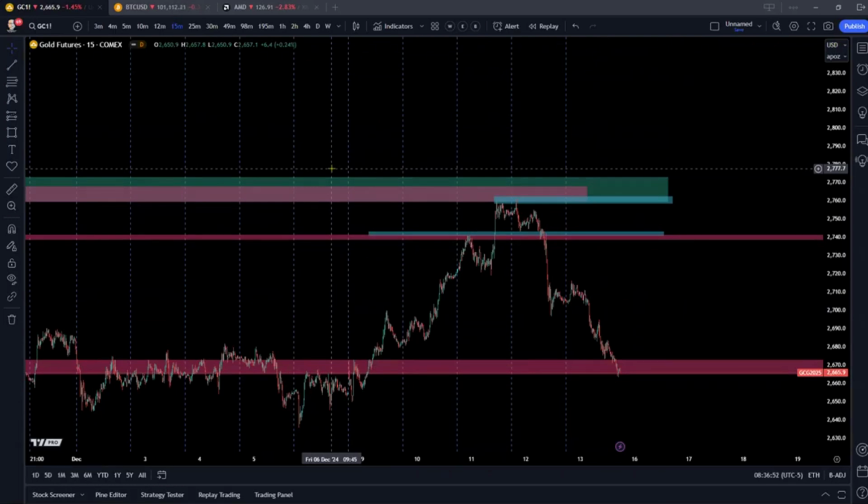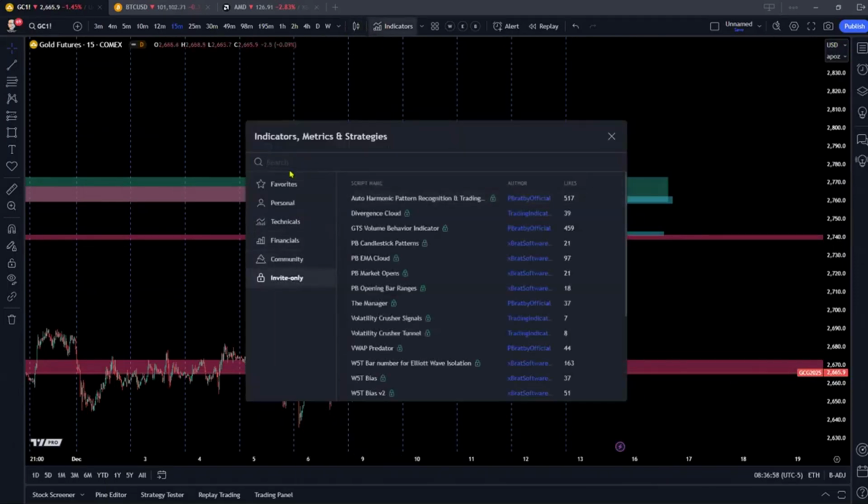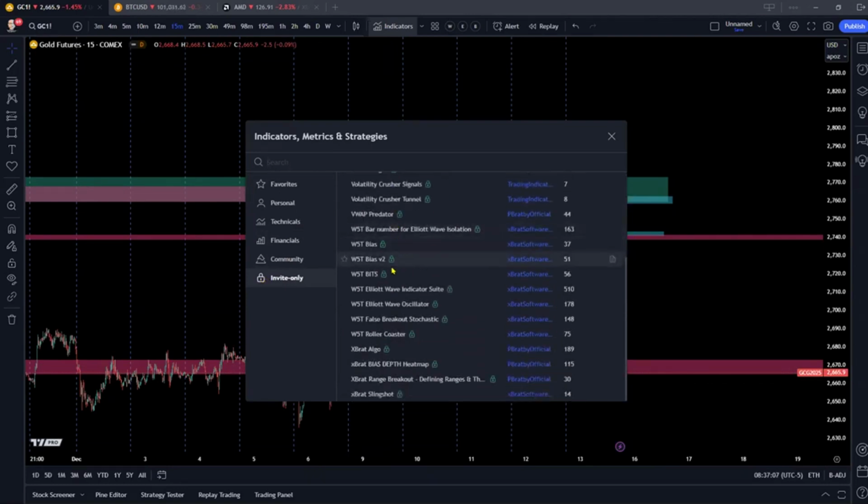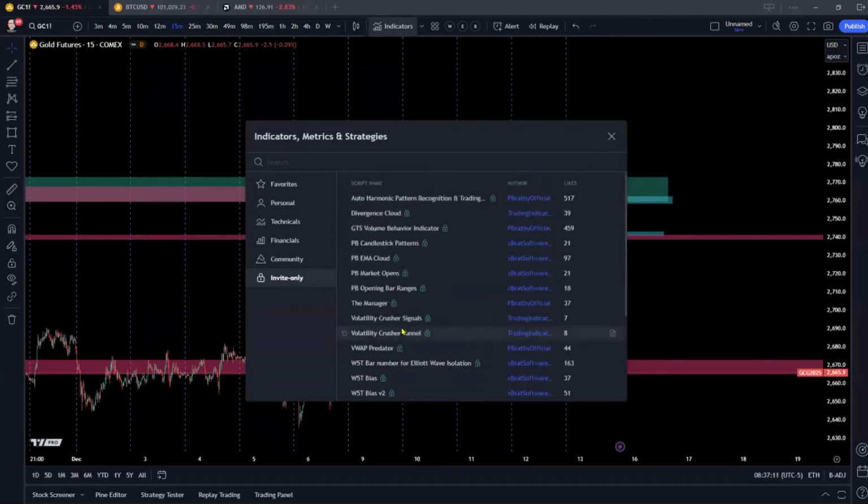You've opened a TradingView account, you've got a username. You send that to us. And then you go to invite only, with the little padlock, and there will be a list of the software that you've been given access to. It takes about 24, maybe 36 hours at the most to give you access, okay?